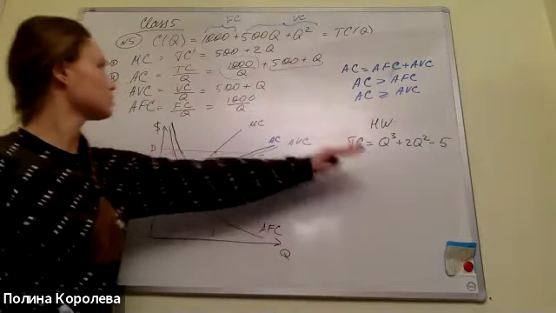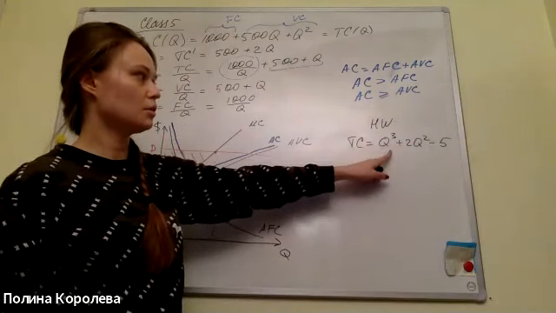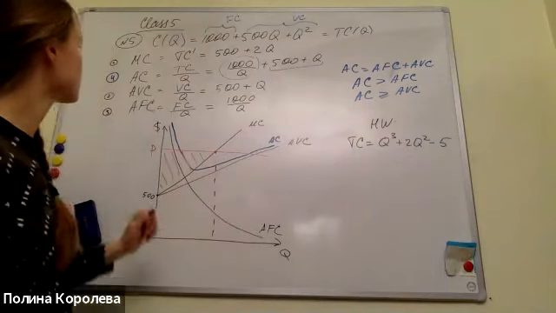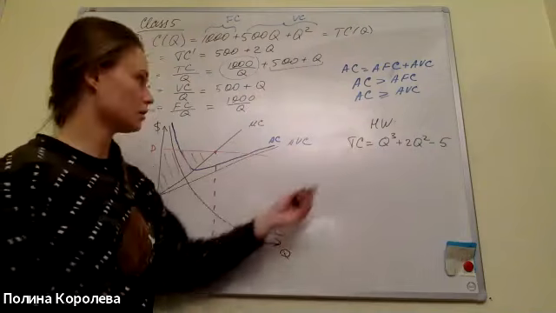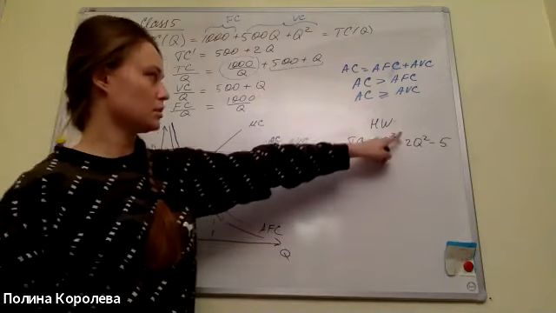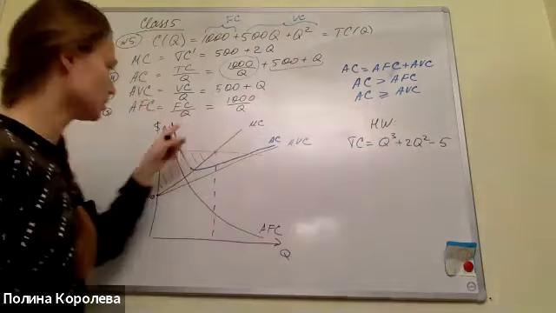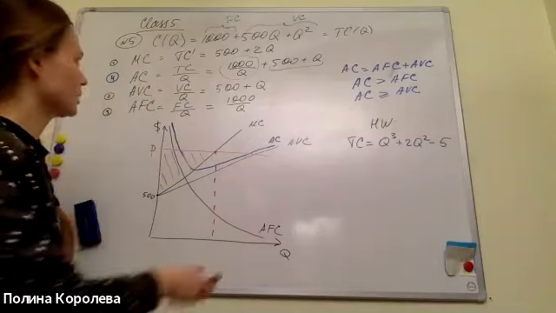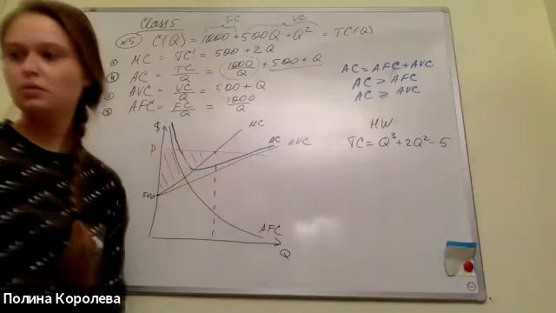You see that average costs will be quadratic, q squared. Marginal costs will also be a quadratic function. When you take the derivative, you will have a quadratic function. Marginal cost will be not linear, but quadratic. So it depends on the total cost function. Okay? Thank you. So let's continue.